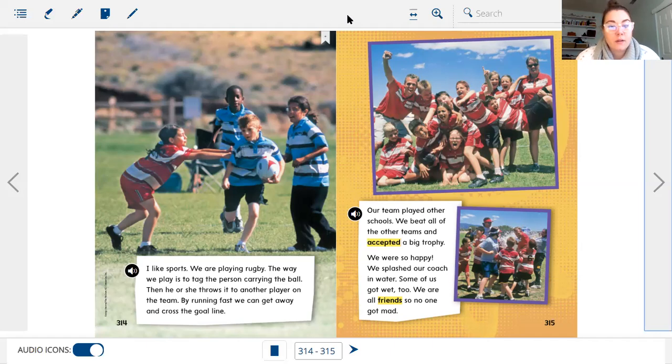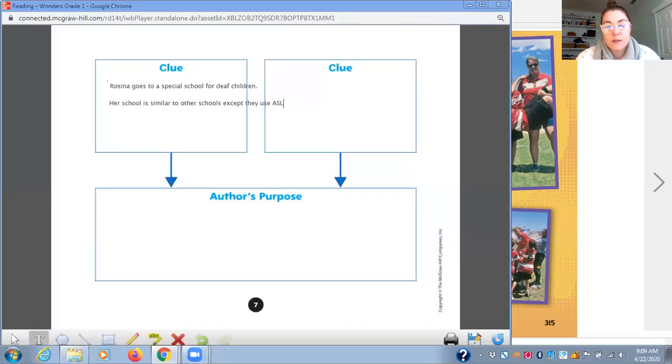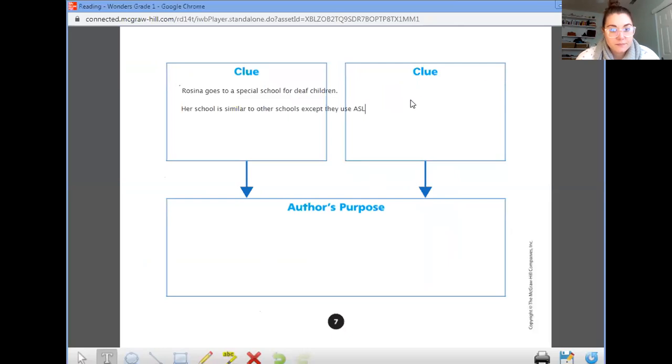Let's see, new share, back to our page, excellent. So we're going to write, again, I need you to write small. Rosina likes to play sports.